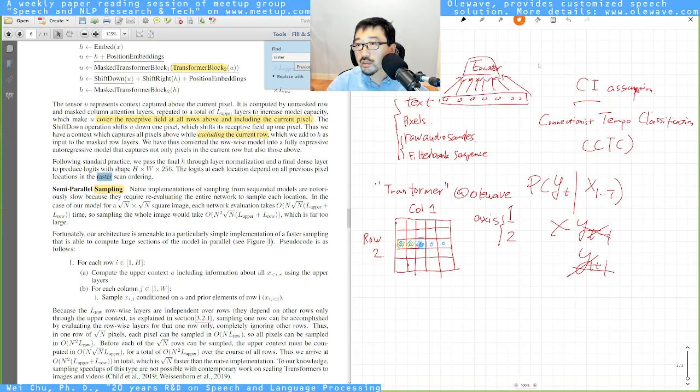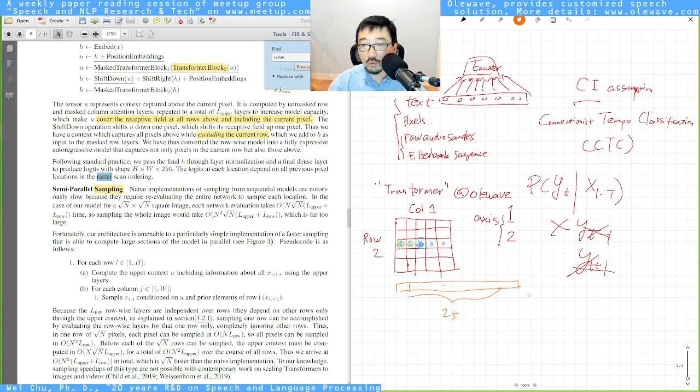When you want to convert this 5 by 5 image matrix into a line sequence of 25 pixels, you don't do this in a random order.